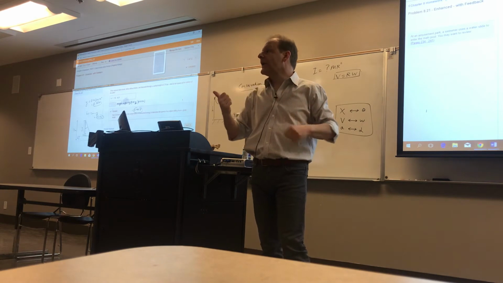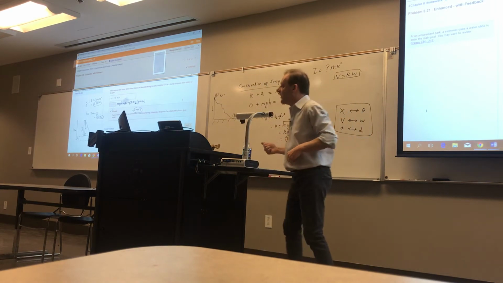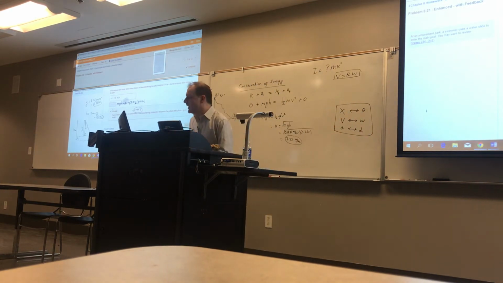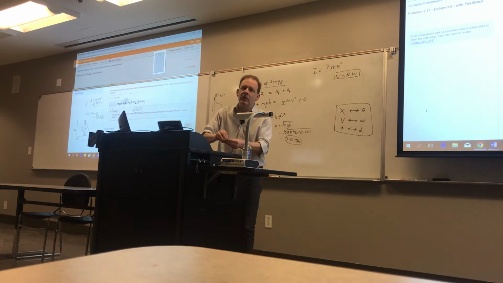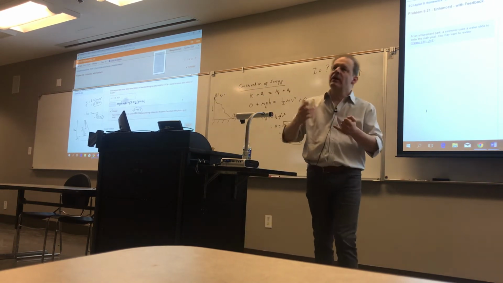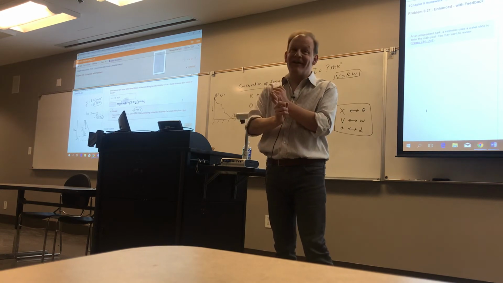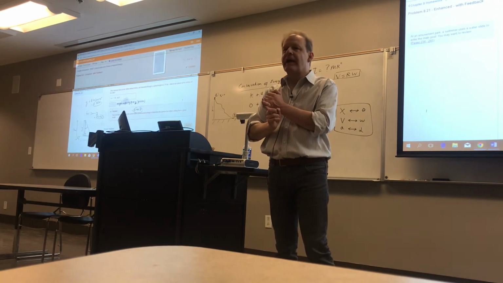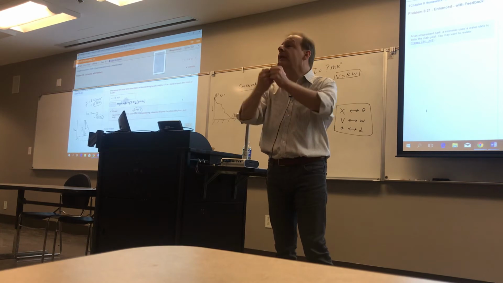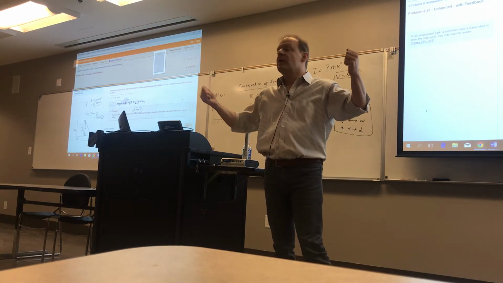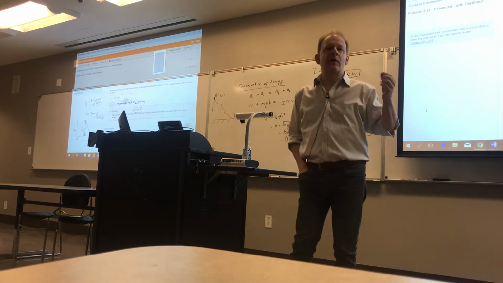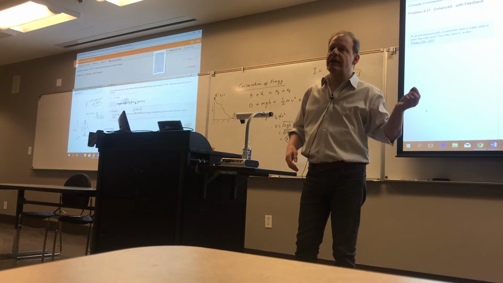The key, in all the questions that we had on collisions in chapter 9, is that there was usually some key word in the question. It will say they stick together, or they don't stick together, or something like they move freely after the collision. So there's some clue in the question that tells you whether it's elastic or inelastic.